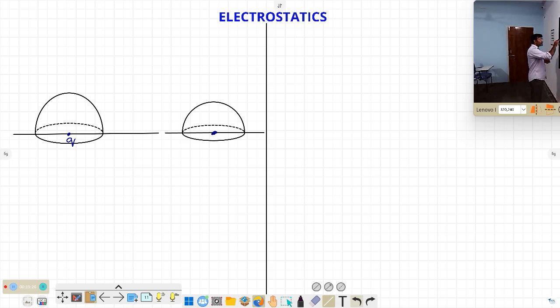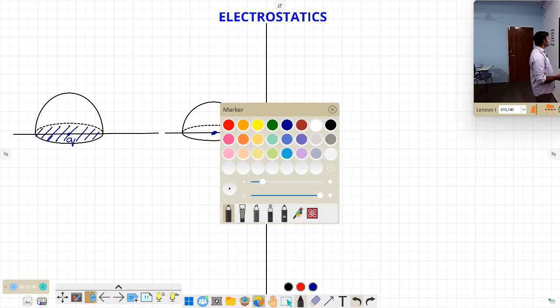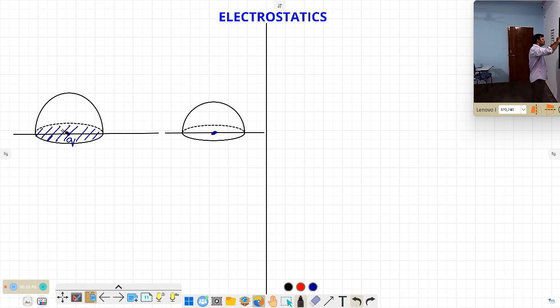It is exactly on the base of this hemispherical surface, and on this base we kept the charge. Whenever the charge is kept, an electric field intensity arises due to that charge. That electric field intensity, as lines of force, I can draw like this. This is the way the electric lines of force will pass.